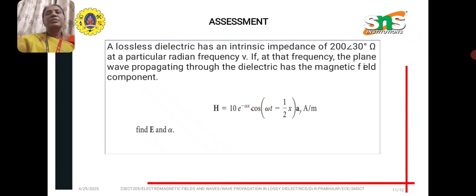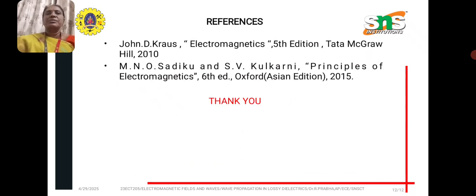If the magnetic field is given, we can easily find the electric field, since the ratio of electric field to magnetic field is equal to the intrinsic impedance eta. We know the eta value and the magnetic field value, so E is equal to H multiplied by eta. Similarly, from the previous attenuation constant expressions, we can find the value of alpha also. In this way, we can find the answer for the given assessment question. Thank you.